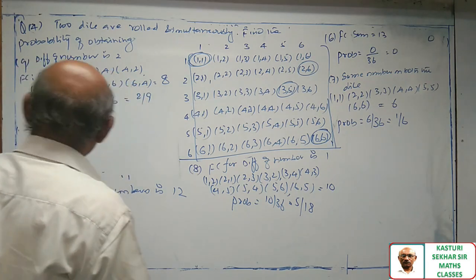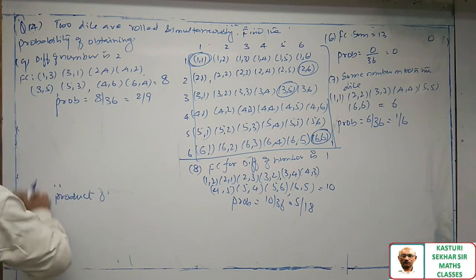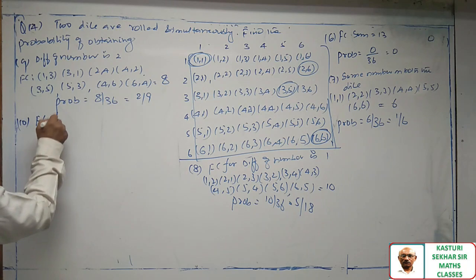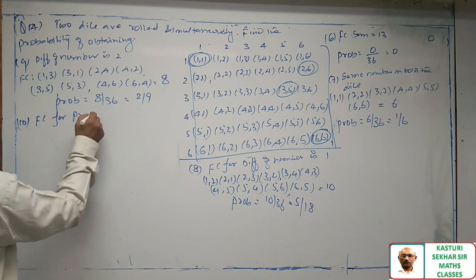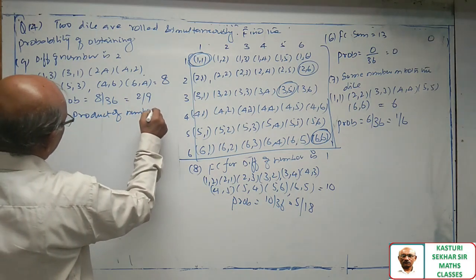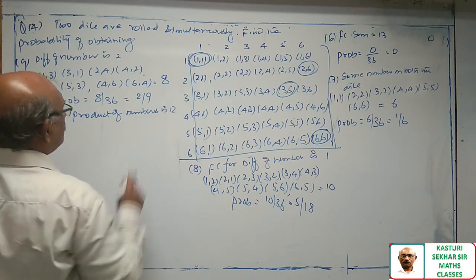Okay, sir. Last problem. Product of the numbers is 12. 10th question. Favorable cases for product of numbers is 12.